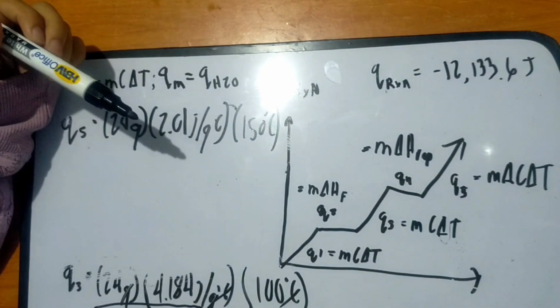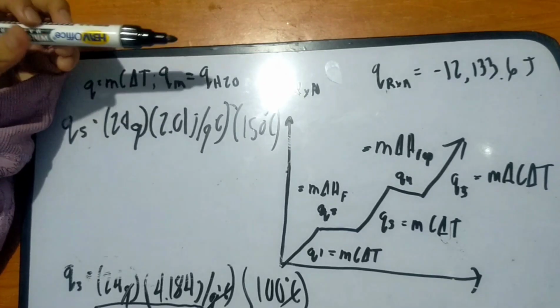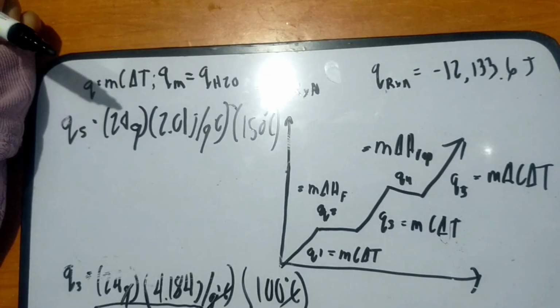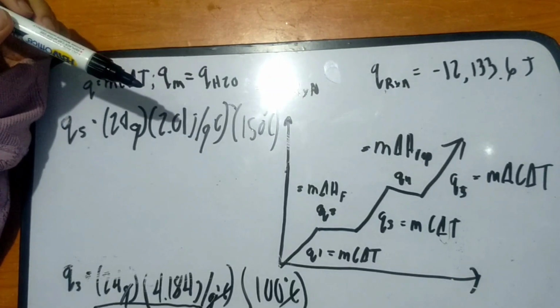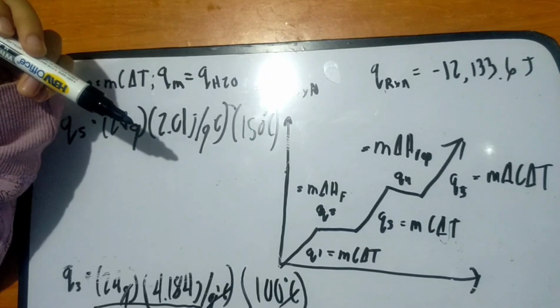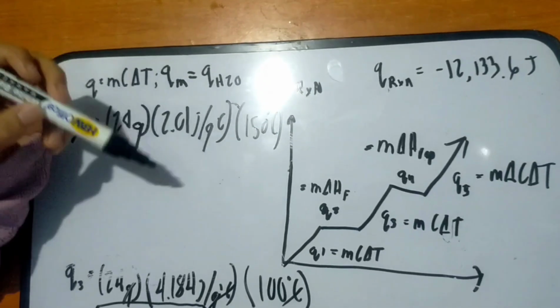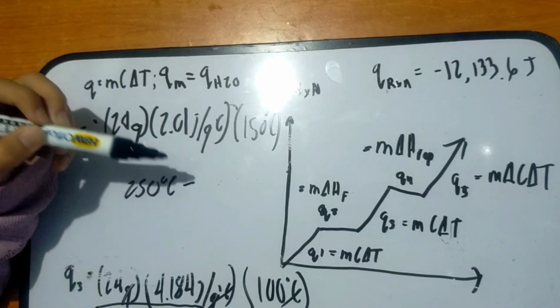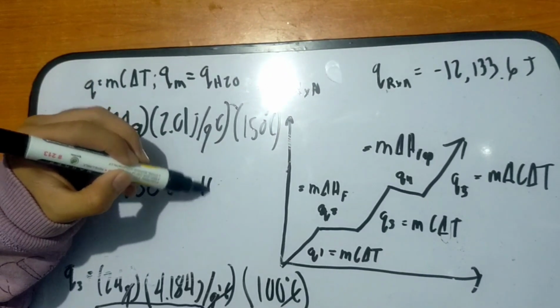So, what is the boiling point, right? 100. And now, we're given din tayo to steam up to 250 degrees Celsius. So, ipagma-minus lang natin, ang final is 250, right? 250 degrees Celsius. And then, our boiling point, our initial is 100 degrees Celsius.